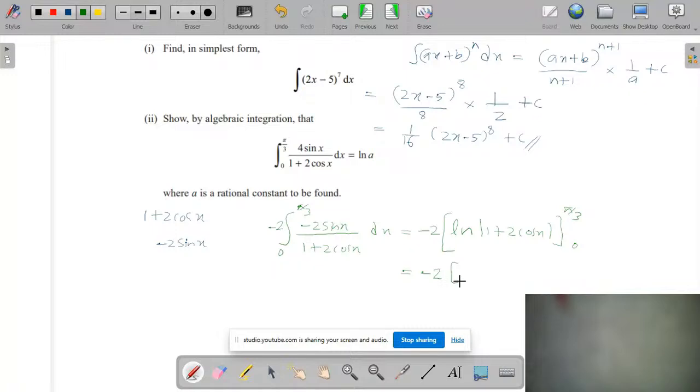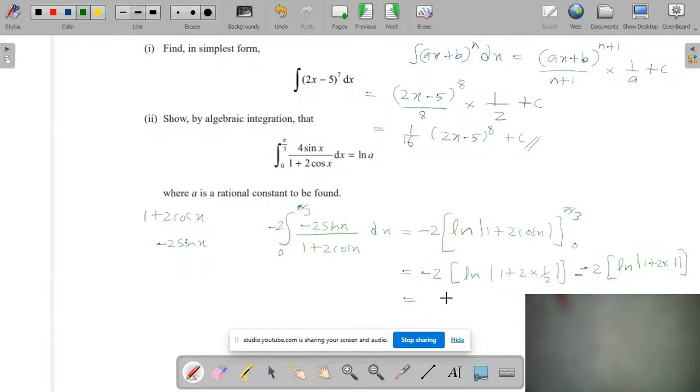So minus 2 ln 1 plus 2 into half. Subtract minus 2 times ln substitution of lower limit, which is 0. 1 plus 2 times cosine 0. Cosine 0 is 1, we know that.